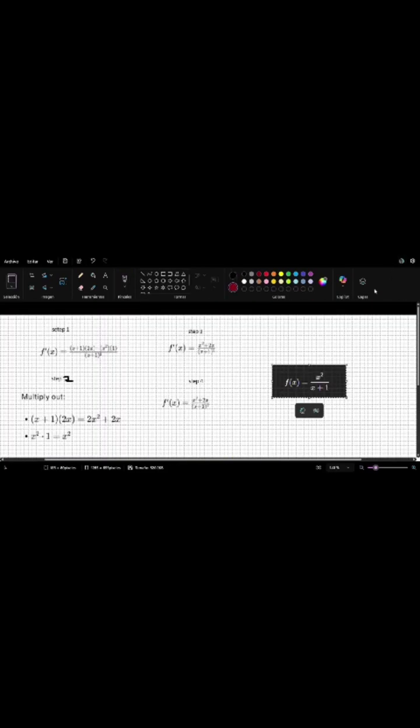The example: f prime of x equals x squared over x plus 1.